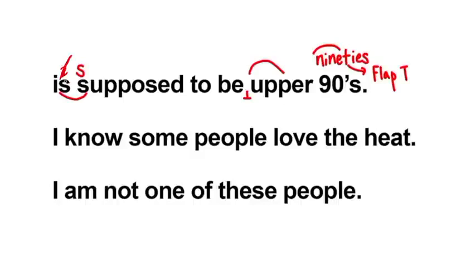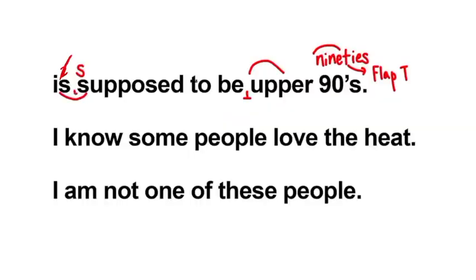Voiced consonants like Z are weak, so when they link together, the strong consonant wins. So rather than saying is supposed and making a Z then an S, it's just is supposed, one single S sound. Is supposed to, is supposed to.